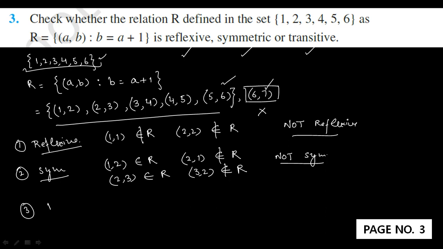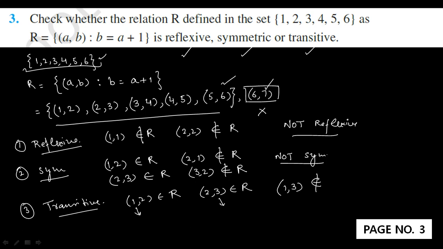Number 3. What about the transitive nature? Check the third condition. 1, 2 is there. 1, 2 belongs to R. What about 2, 3? 2, 3 also belongs to R. Now, 1, 2 is there and 2, 3 is there. What about this 1 and 3? Whether 1, 3 is there inside the relation or not, this one is absent. It means it's not transitive.